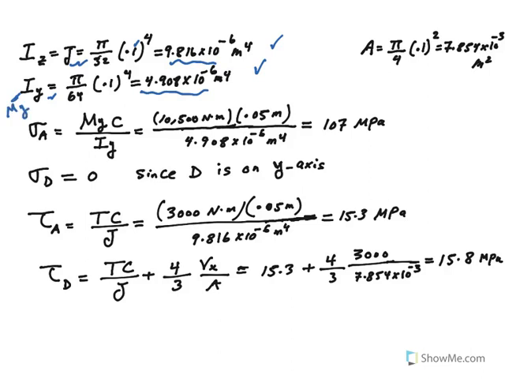All right, so sigma at A, as you just saw, would be M sub y times c over I sub y. And by the way, you just have to get used to the idea of matching this subscript. If you're using moment about y-axis, you have to use I sub y here. Okay, just plug in. Remember, c is half of the diameter, 0.05 or 50 millimeters. And this is the I. So this comes out to be about 107 megapascal.